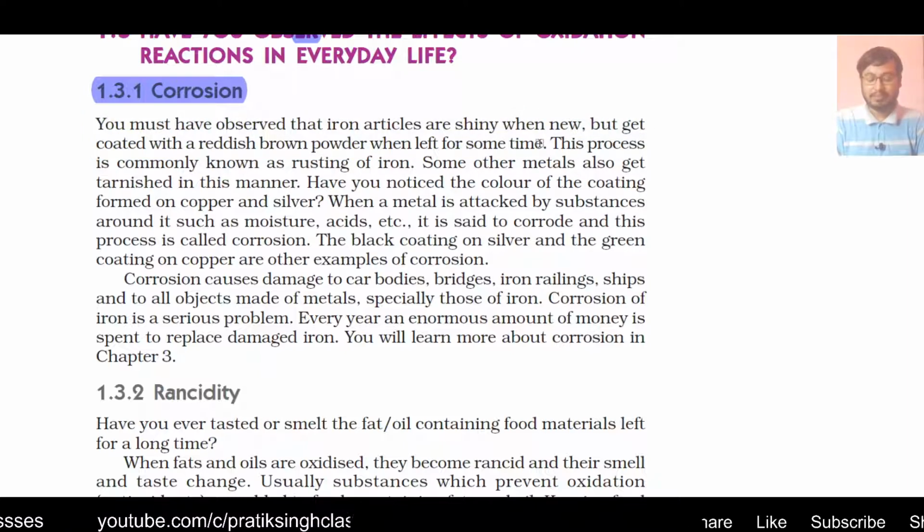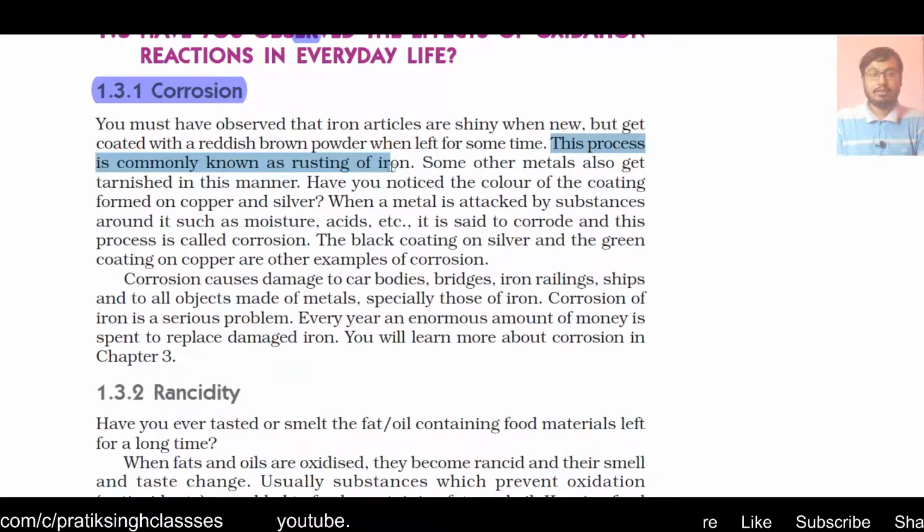Open atmosphere means it comes in contact with water vapor or water and atmospheric air, or moisture and air, and it gets rusted. The color changes, it becomes reddish brown, and flakes of material come out of it, and thus the iron particles decay. This process is commonly known as rusting of iron.